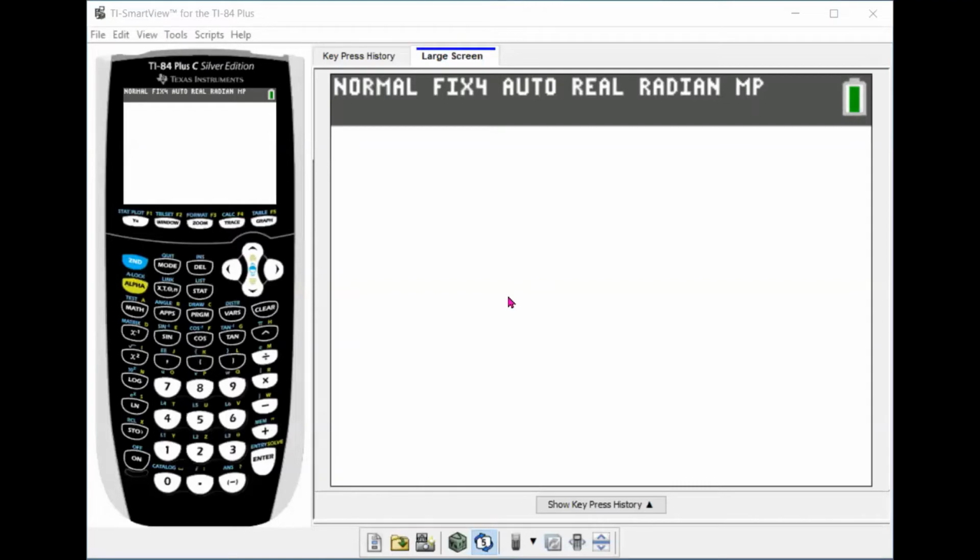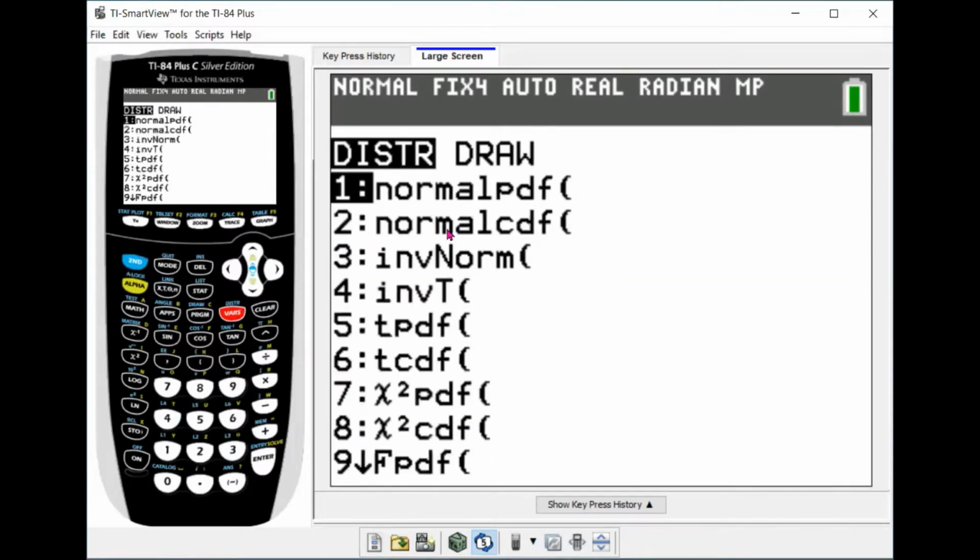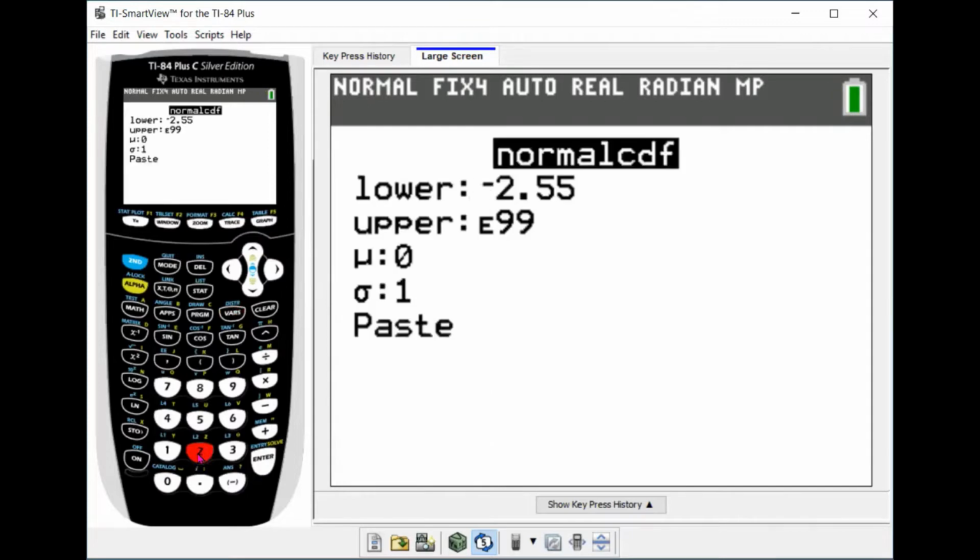Okay, here is my TI-84 calculator. Now we go to second and then press this vars. And we are looking for normal CDF, which is number 2. Lower boundary in our case is negative infinity or negative E99. E is underneath this comma. So if you press second and comma, you'll get that E, then 99.